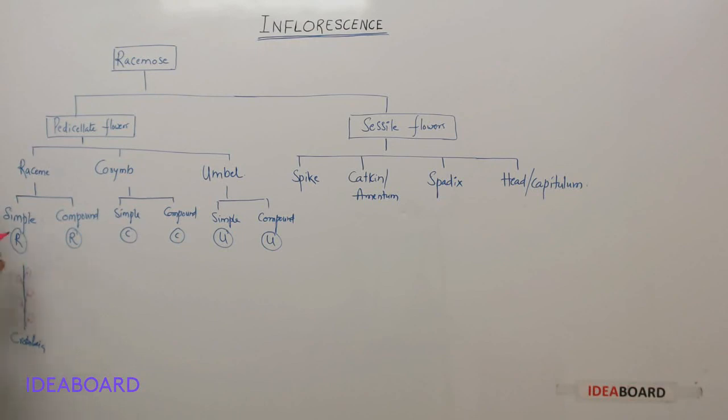And in compound raceme, the peduncle is branched. This is the peduncle. These are the branches of peduncle, and over the branches, you will find these flowers.